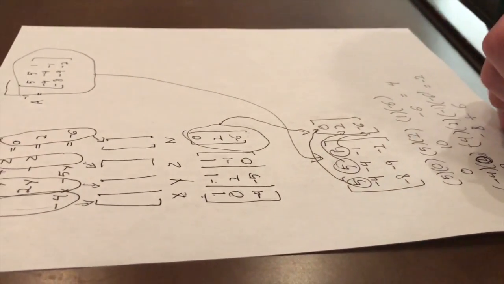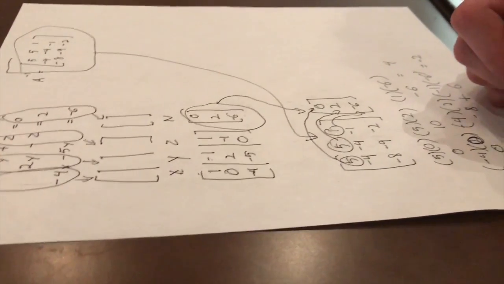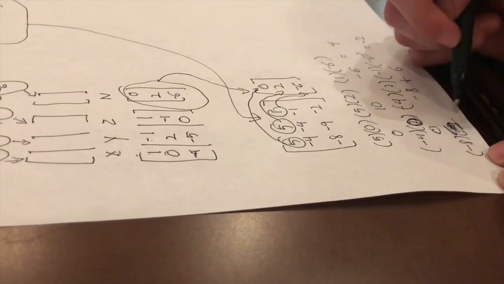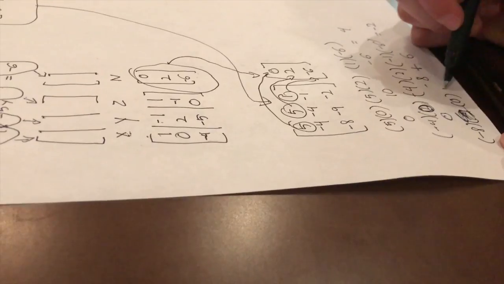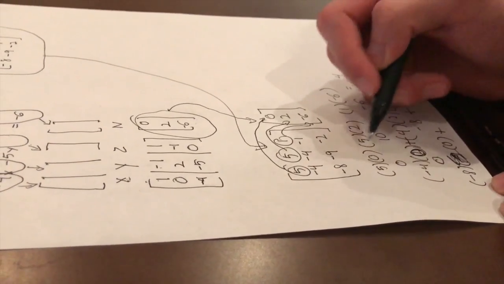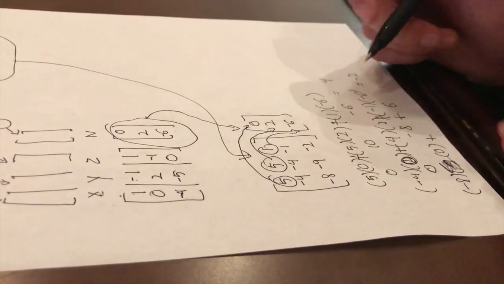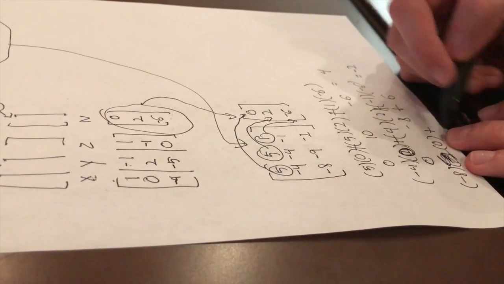Then negative 8 times negative 9, negative 8 times 0 plus, in between all the multiplications goes a plus, so by the end you'll have to add them.